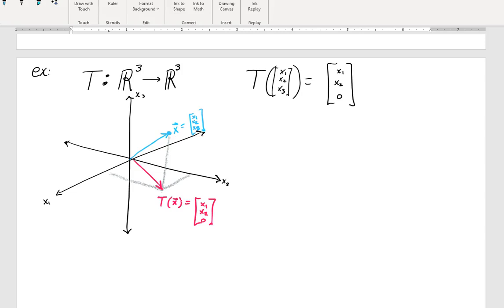Okay, so this transformation is projection onto the X1, X2 plane.